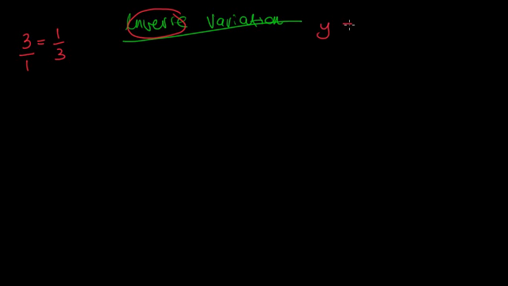So if we've got y equals kx, we talk about the inverse of that being y equals k over x, because it's the inverse of the x that we're looking at. Now, at the moment it's x over 1, so we're flipping that upside down, making it k over x. So again, the formula for inverse variation is y equals k over x.